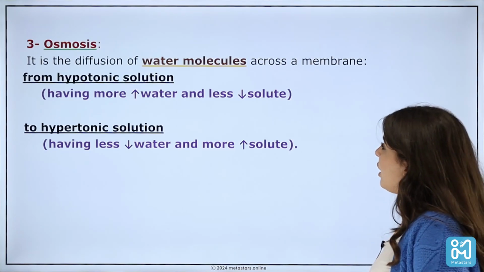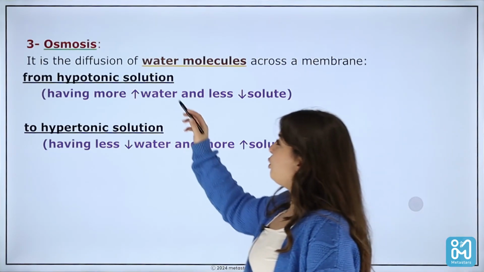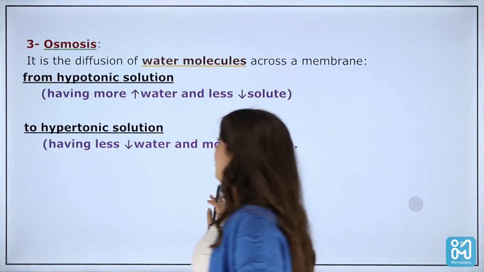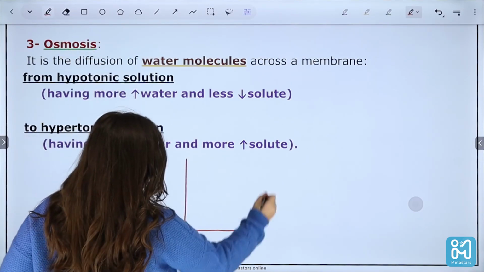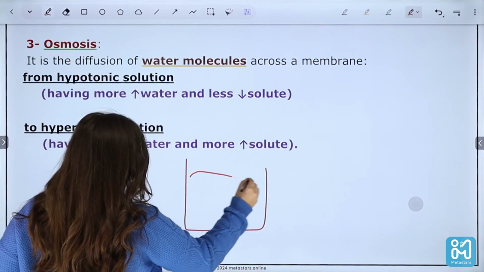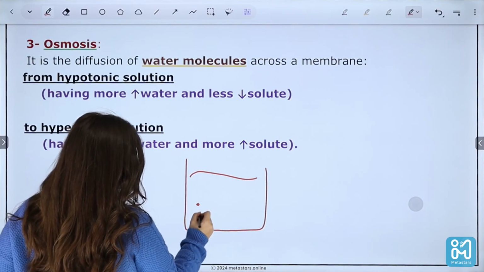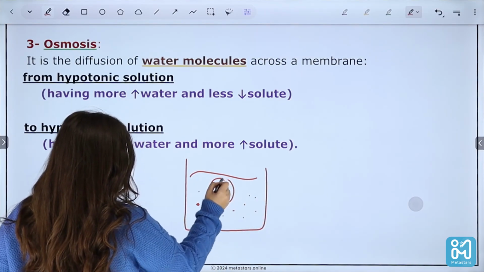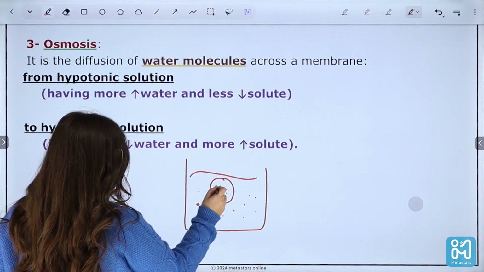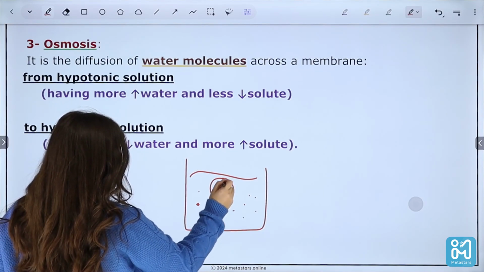We have two types of solutions. We have a hypotonic solution. A hypotonic solution is a solution that has a small amount of salt. Here's the salt, and here's the cell that has this salt.